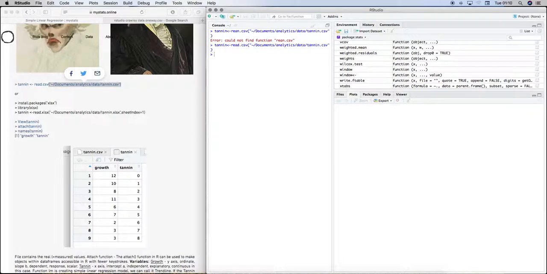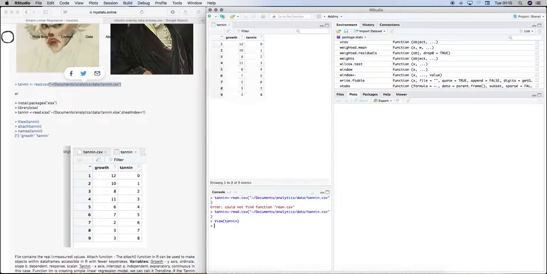And let's have a look. How does the file look? So let's view the file tannin, or let's view the object tannin. We can see we have two variables. The first is growth, and then the explanatory or independent variable tannin, which stands for the concentration of the tannin in the diet.